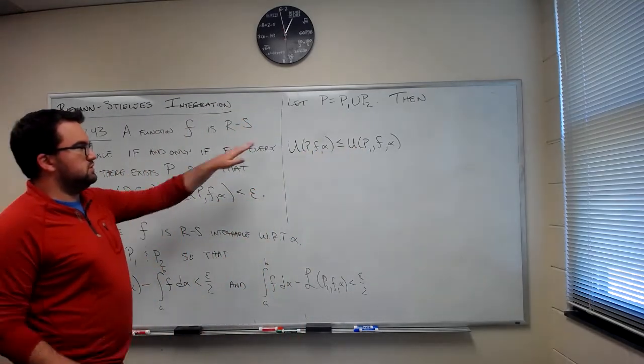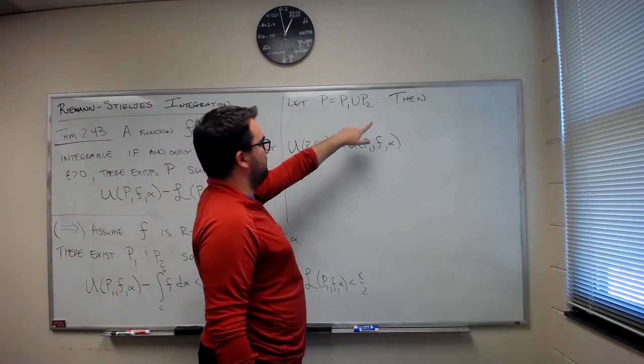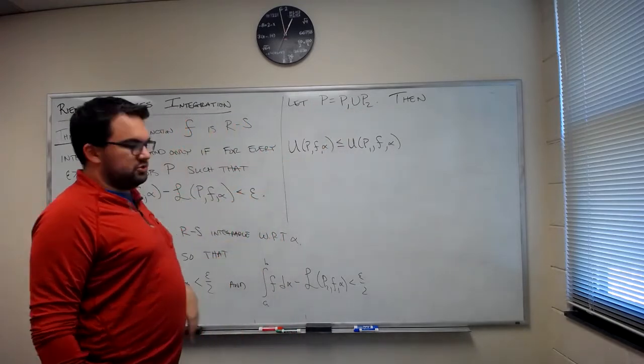Okay, so since P is now a refinement of P1, then the upper sum will be lower.